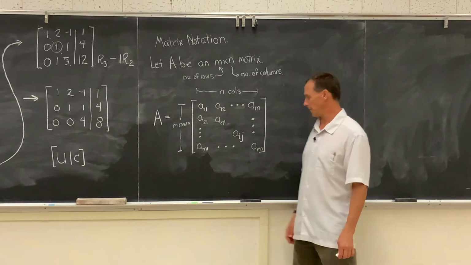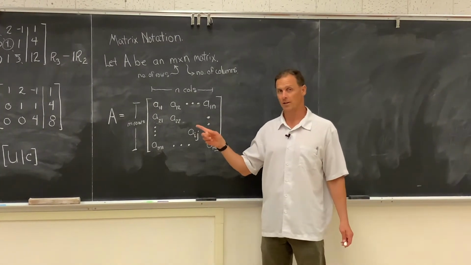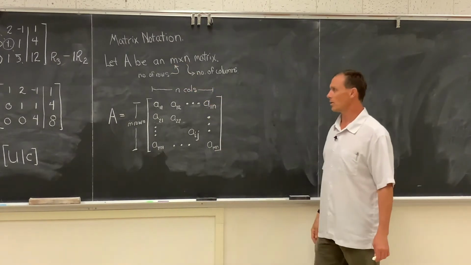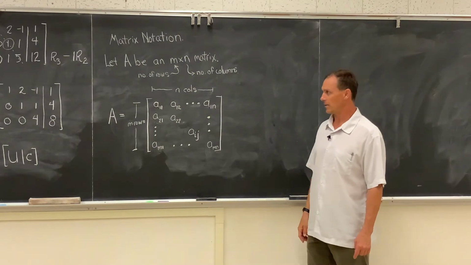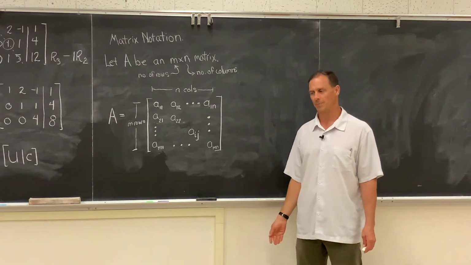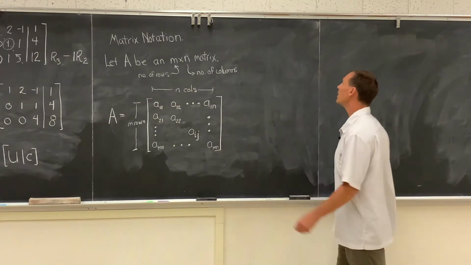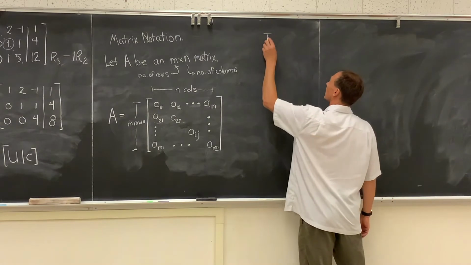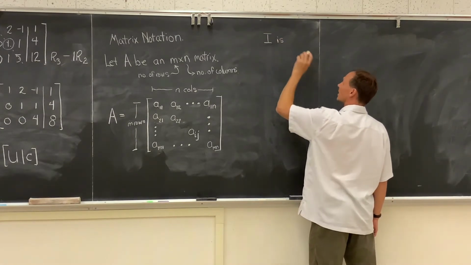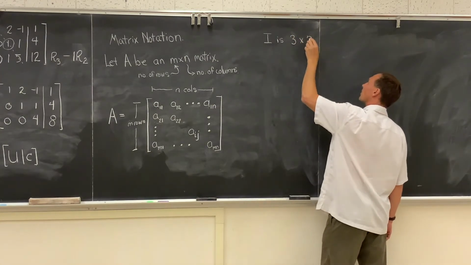Now, we need a little bit more. Our problem today was a 3 by 3 matrix, 3 rows, 3 columns. I want to introduce something that we have kind of tripped upon, and that is the identity matrix. We're going to start with an identity matrix, in our case one that's 3 by 3.